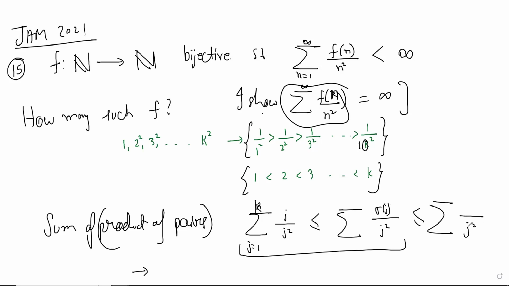If you again add till k, and here you put 1 by j square only, right? But here some of the sigma j's you are actually increasing, right? That will actually make it larger than this thing. It will make it larger than some permutation, right?